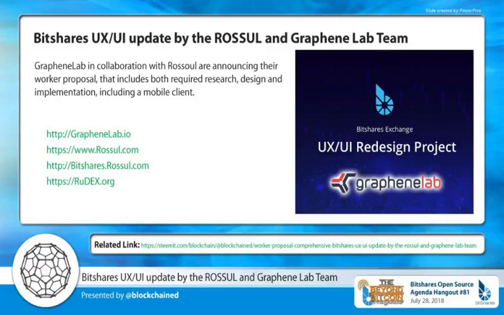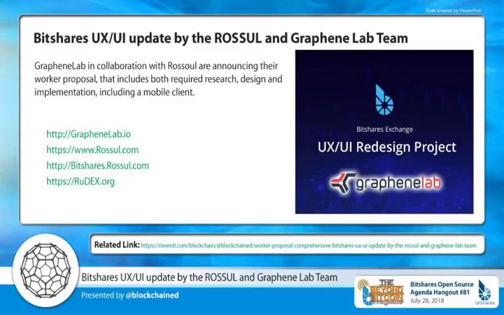So this is the final phase of the design, and after that, Graphene Lab will take over, and they will create the front-end code and the backend, probably making some changes on the backend. I know there are a couple of features that are in the core engine but have never been implemented, so I believe they are considering implementing them as well.